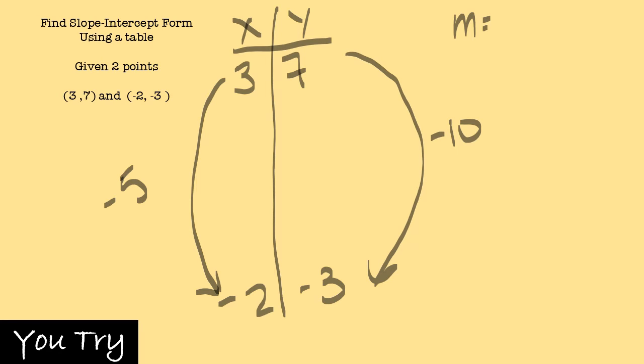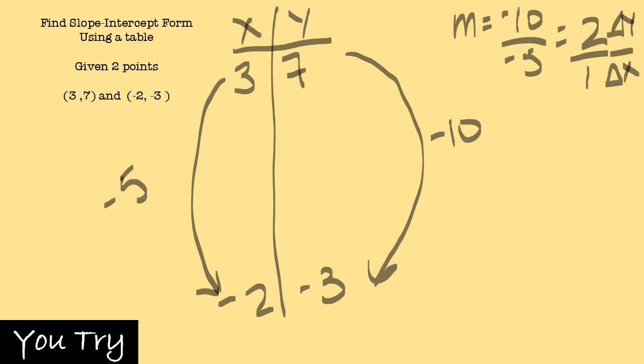So when we find our m, it was -10 over -5, which was 2. And 2 is like 2 over 1 because we have the change in y over the change in x. So that means for every 1 on our x, we are going down by 2 on our y.